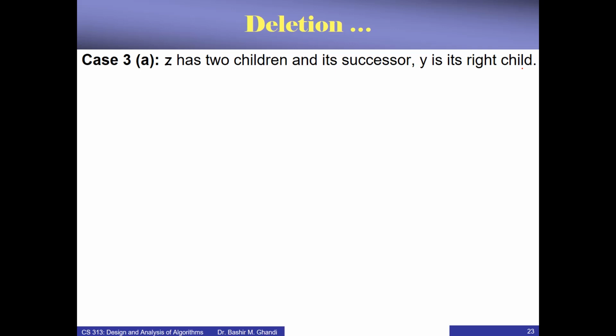Z has two children, but its successor is its immediate right child. In that case, what you do is you replace Z by the right child, updating Y's left child to become Z's left child.